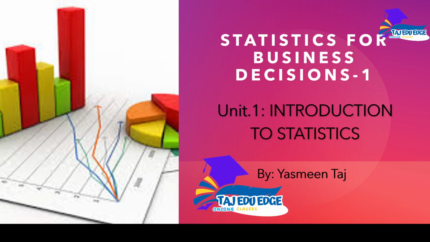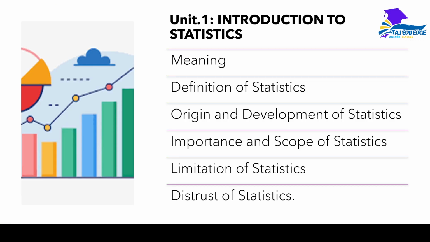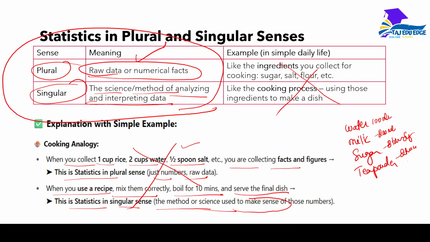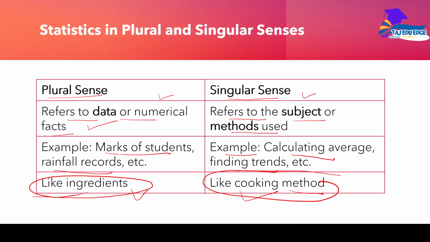In the series of statistics for business decision for first semester BBS students, in the unit 1 introduction to statistics, this is my fourth video. In the previous videos I have already covered the topics in the syllabus of the first unit, introduction to statistics: meaning of statistics and statistics in plural and singular sense.